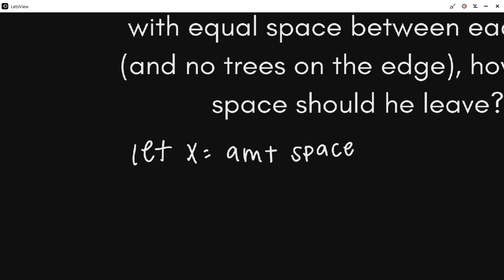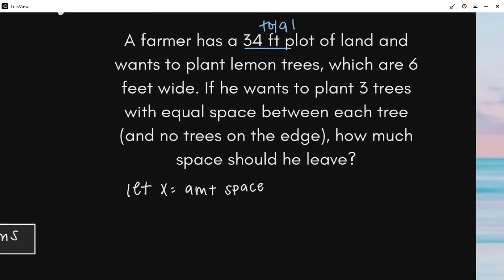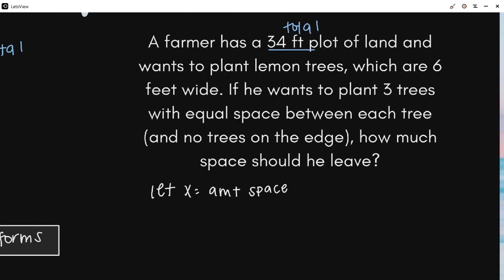And this is a lot easier to visualize if we draw it. So I'm going to draw a picture. So here is the 34 feet that we have total. And then from here to here is 6 feet. This is our lemon tree. Here to here, and oh no, I kind of ran out of space.